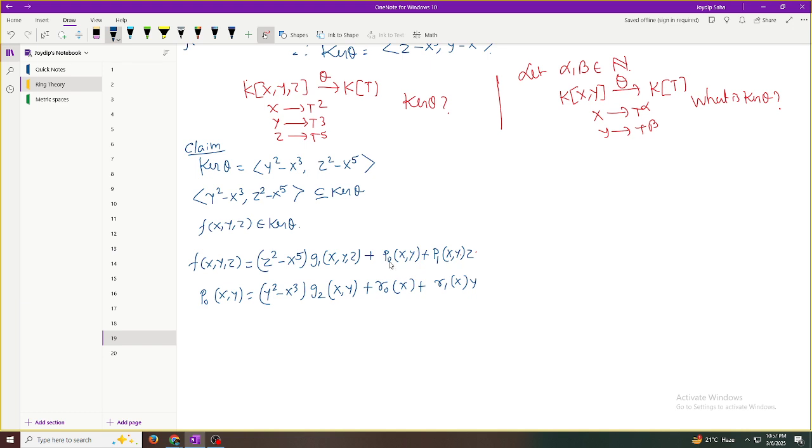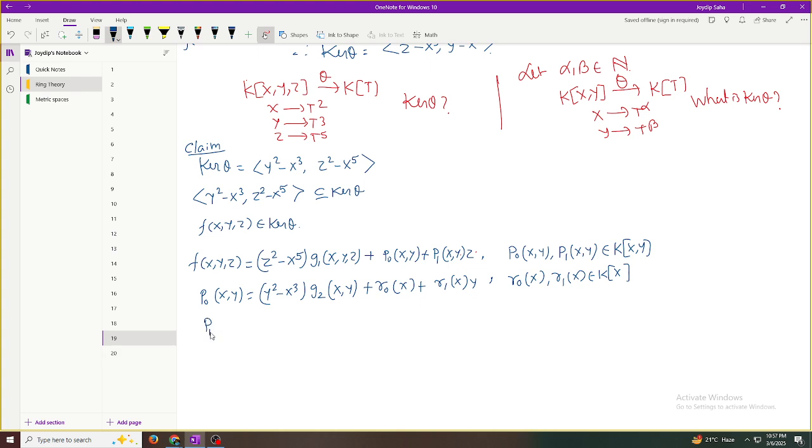It is understood that p0(x,y) belongs to K[x,y]. I just write one line: p0(x,y), p1(x,y) belong to K[x,y], and r0(x), r1(x) belong to K[x].